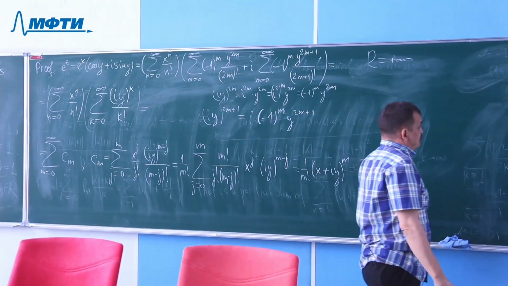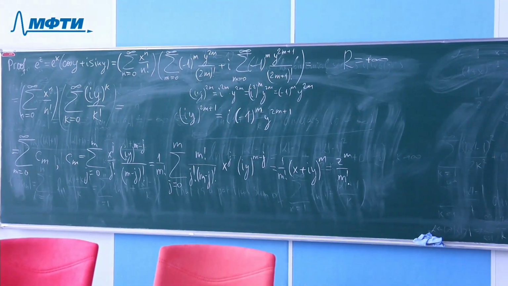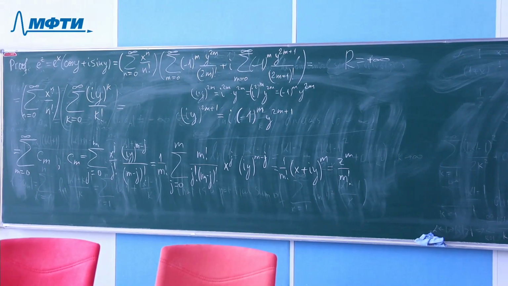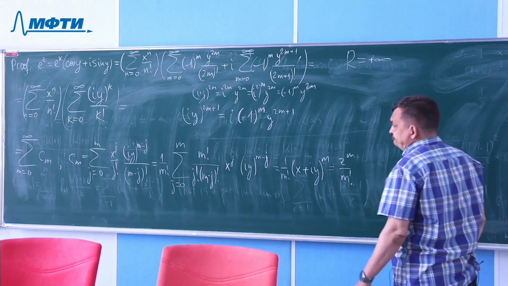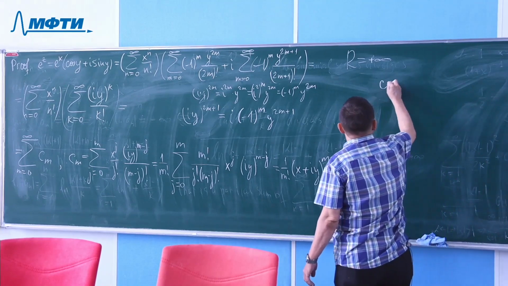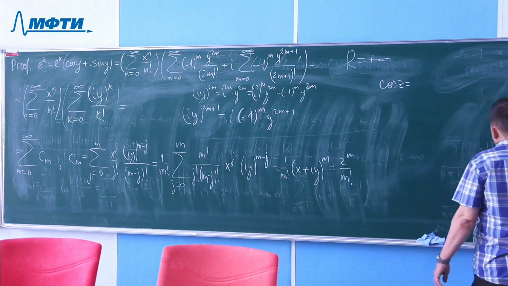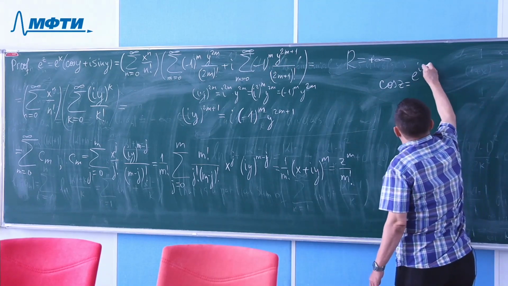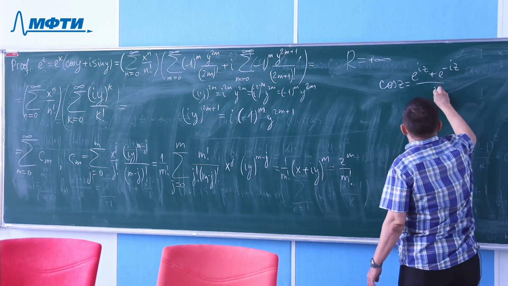Now let's consider the second expansion. So for cosine z, recall the definition, e to the power iz plus e to the power minus iz over 2.